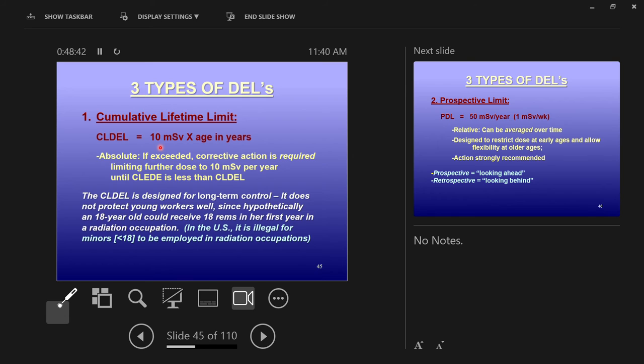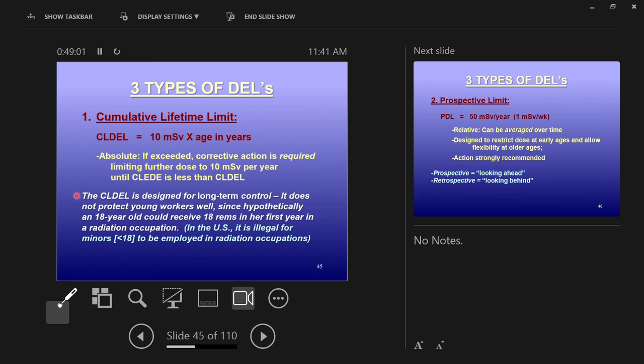So this is not good over short terms. This only really works to make sure that as a career, you don't go over this, okay, to keep your lifetime dose low. The CLDEL is designed for long-term control.